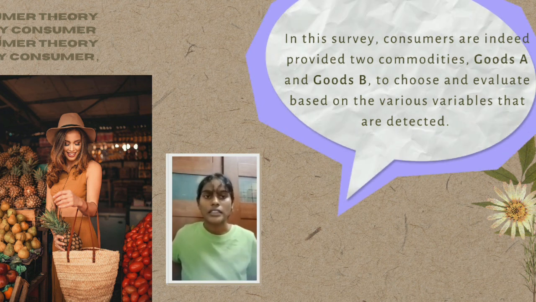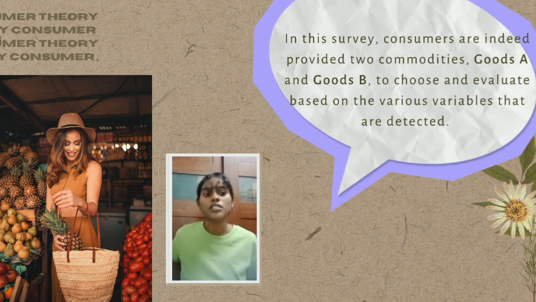Through goods A and goods B, we are able to look at the elements that have been evaluated: the cost of goods itself, the price of substitute products, and the income of the consumers.